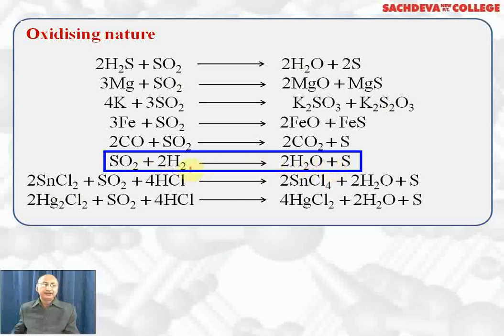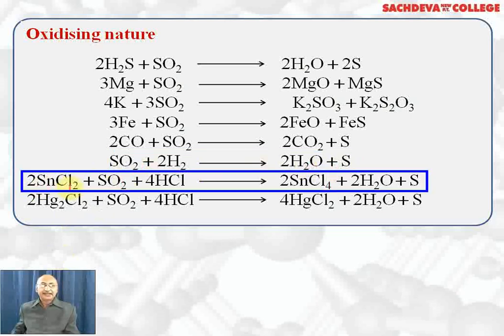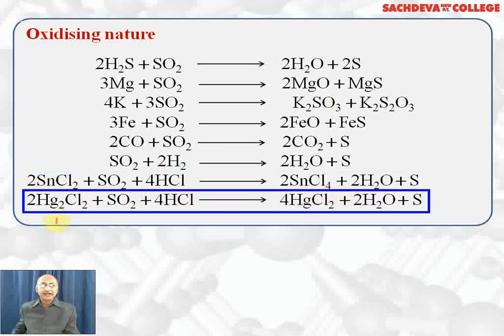So here hydrogen is a reducing agent, SO2 is an oxidizing agent. SnCl2 gets oxidized by sulfur dioxide in the presence of hydrochloric acid to form SnCl4 plus water plus sulfur. Mercurous chloride gets oxidized to mercuric chloride by sulfur dioxide in the presence of HCl, plus water plus sulfur is formed.